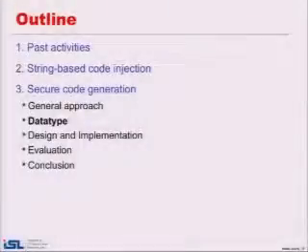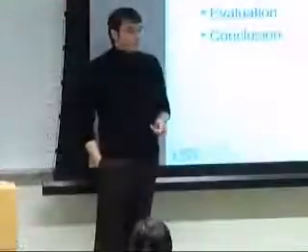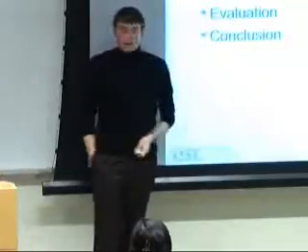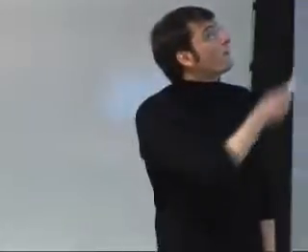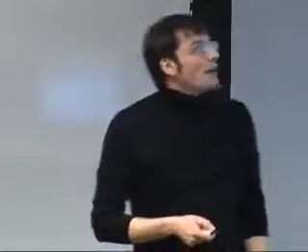Okay, the main part of this talk, or the more interesting part, is devoted to the data type, because it's pretty much the key. It's the centerpiece of our architecture. We christened the data type because it was really awful to write the full description every time. We call it FLEET, for foreign language encapsulation type, and for our FLEET we have a couple of requirements.